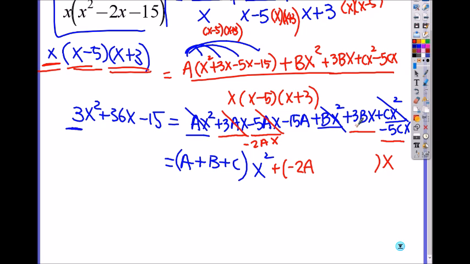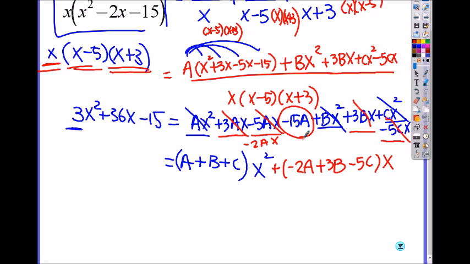Here, 3Bx, so it's positive 3B, right? What about negative 5Cx? Negative 5C, and I can just put x outside. So I kind of skip one step by putting those like terms together. And what's the last one? Oh, yeah.